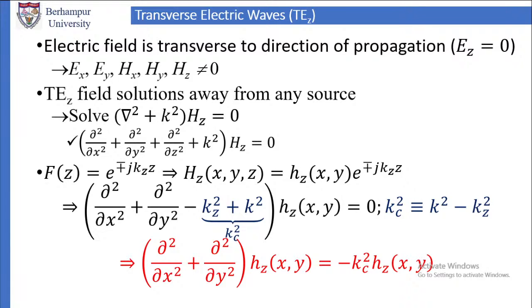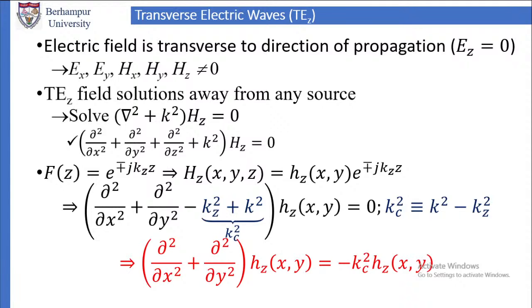Now if I take dou square by dou z square of capital Hz, the small hz, which is a function of x and y, will be constant with respect to z. What remains is dou square by dou z square of exponential minus plus j k subscript z into z.